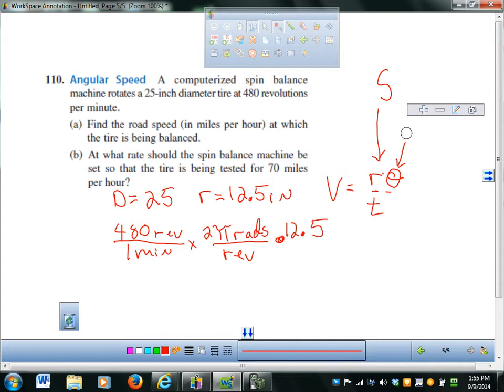That's how that works. And now this is in inches, so this is going to give me the linear velocity in inches per minute.